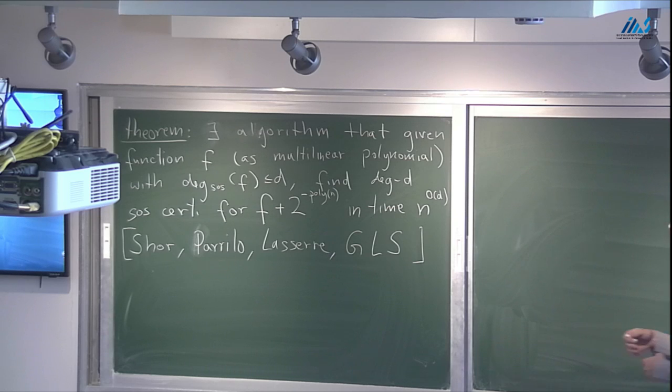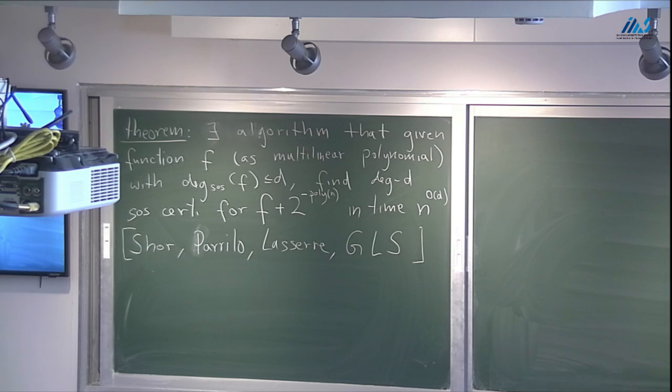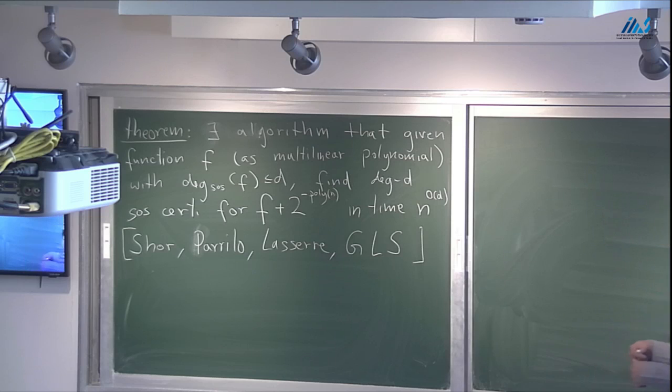This is not just any algorithm, it's the last algorithm you ever have to know, at least in terms of combinatorial optimization. All the algorithms that we know for combinatorial optimization are captured by these low-degree sum of squares certificates.